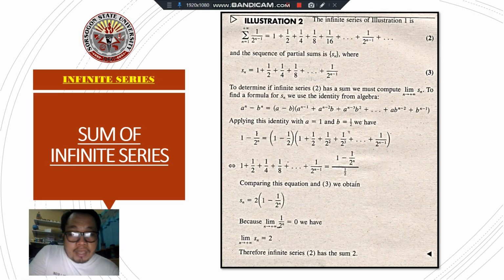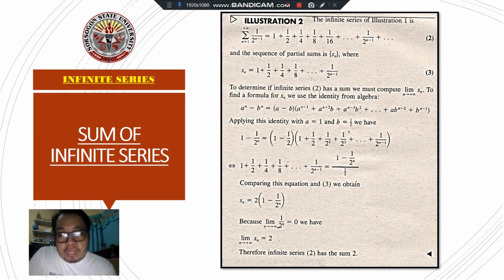Now comparing this equation and the sequence of partial sums, we obtain S sub n that is equal to 2 times the quantity 1 minus 1 over 2 raised to n.